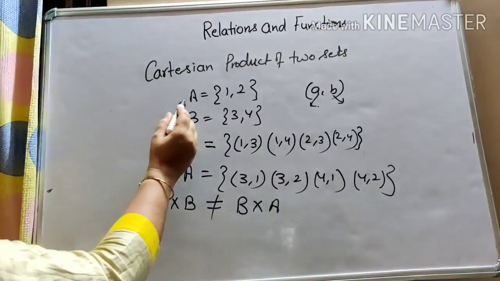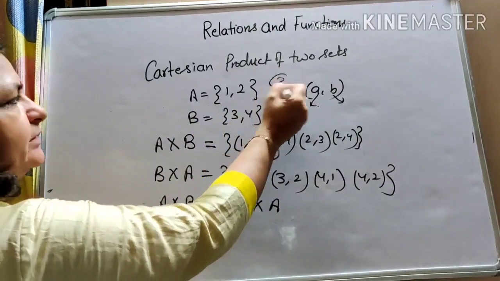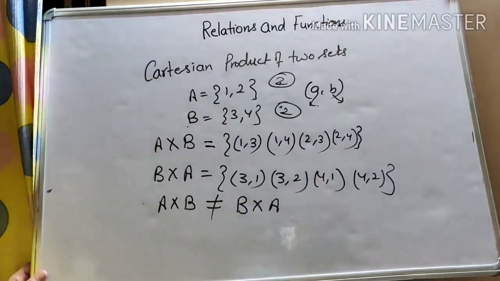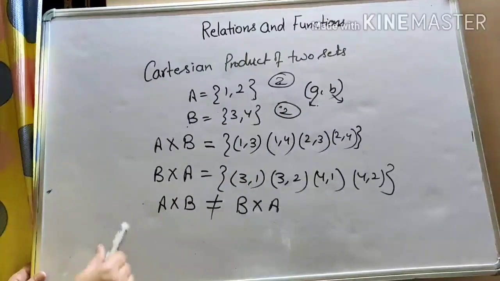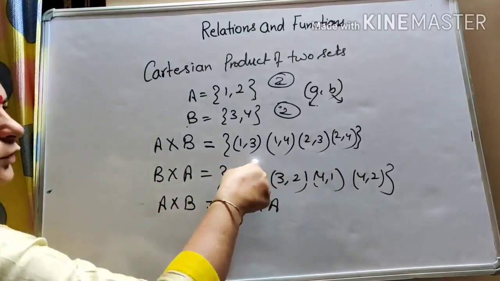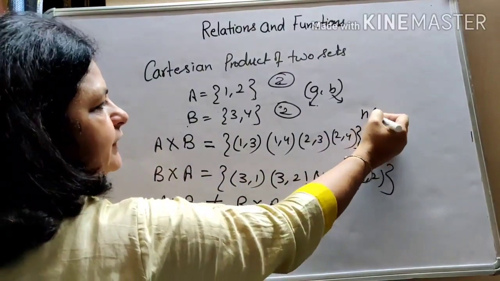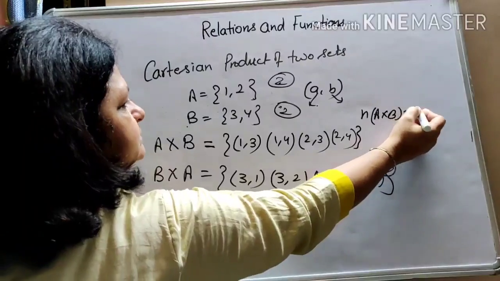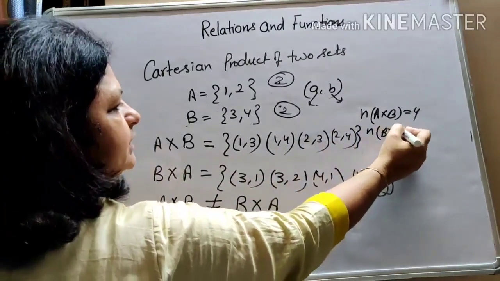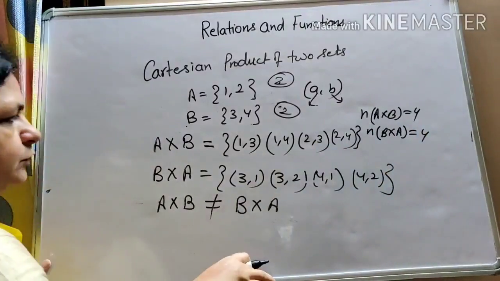Now, in set A we have 2 elements, and in set B we also have 2 elements. The number of elements in the Cartesian product of A and B is 4. Also, the number of elements in B cross A is 4.